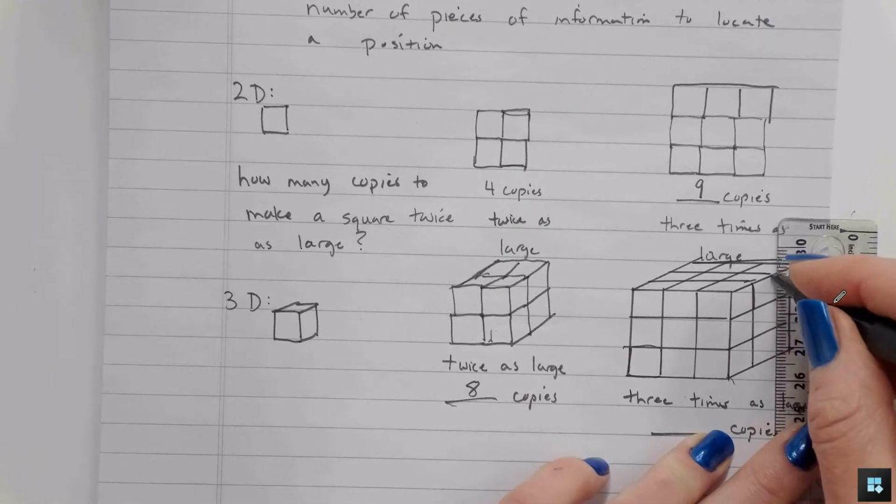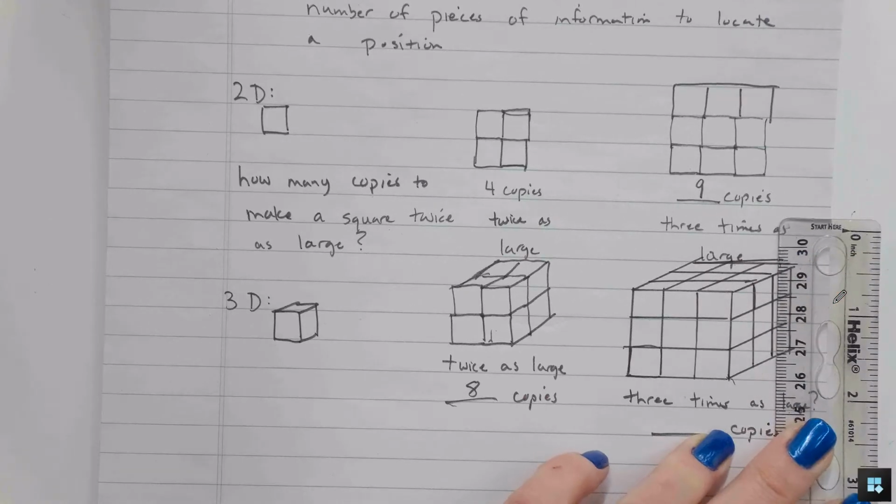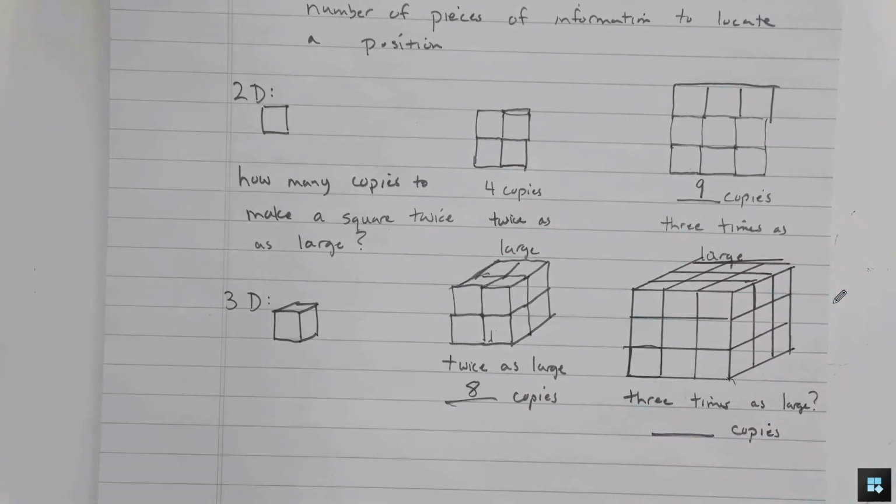Again, I can only see one face completely, and the other two faces I can see kind of slanted. I can't see inside the cube, I can just see the outside of three faces. How many blocks are there? How many cubes are stacked up here to make it? Yes? 27. Good, 27. So there's 9 in the front layer, and then another middle layer of 9, and then a back layer of 9. Okay, good. So 27 altogether.